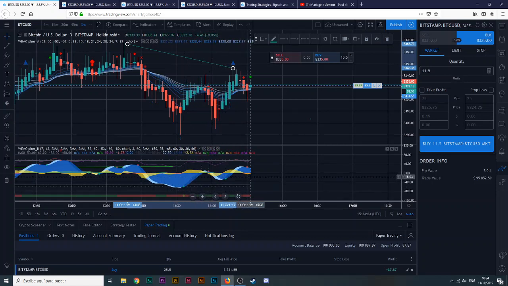And this yellow indicator on the 3-minute, if I want to enter a trade, it should be above zero. This is the zero line here. So I want this yellow line to cross over into the positive on the 3-minute.